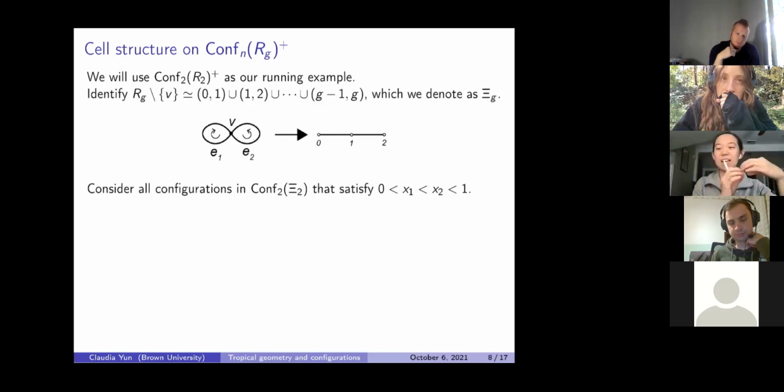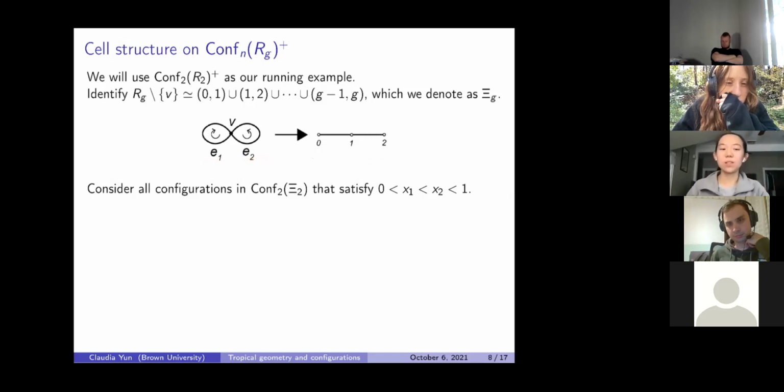So you can identify each arc with an open interval like i to i plus 1. In our conf_2 R_2 case, I'm going to identify R_2 minus the central point as the union of 0 to 1 and 1 to 2.